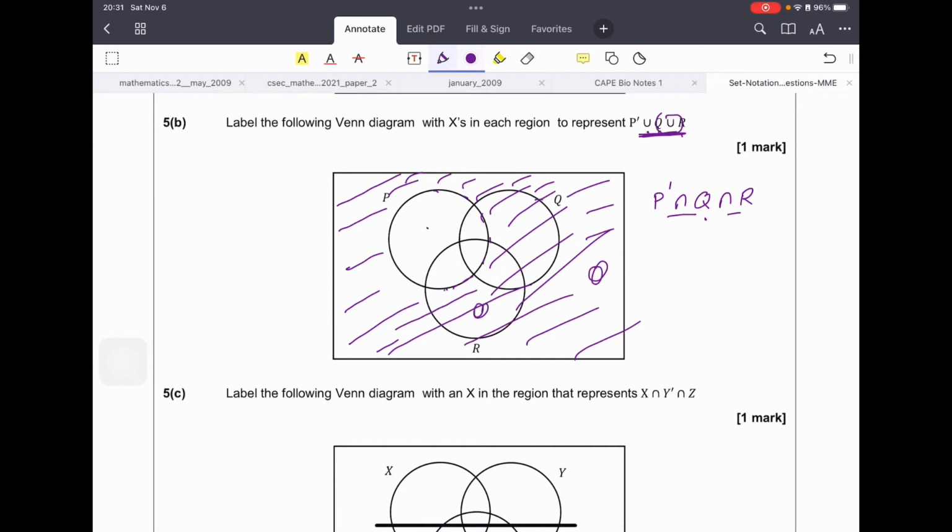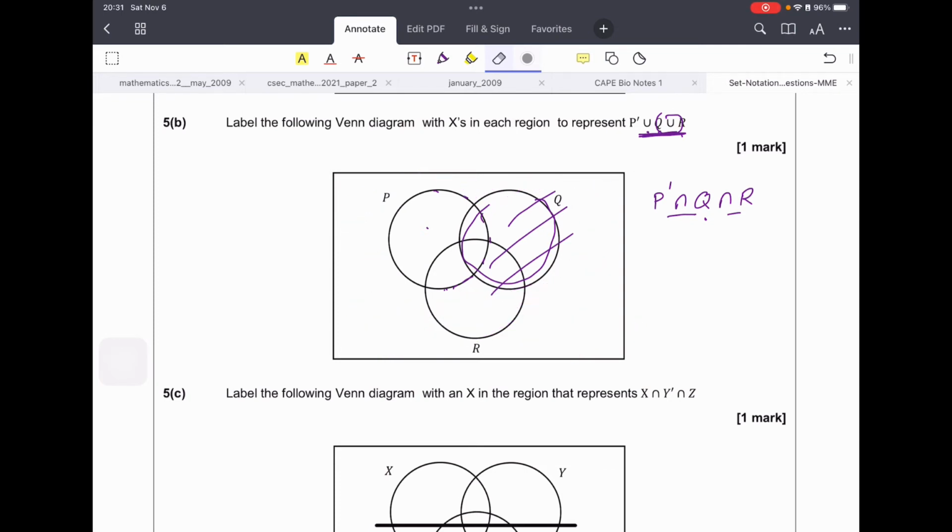Q is only here. So since we are intersecting, we need to get rid of all these things that are not in Q, all of these here. And so far we only have this now. Q is only here, and P prime was only here as well. Sorry, we have it over here as well, okay?